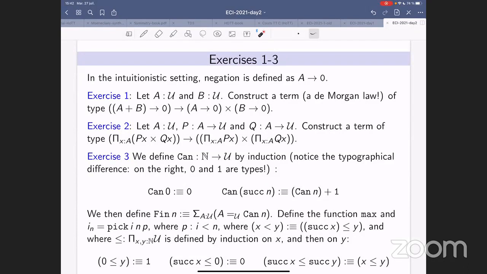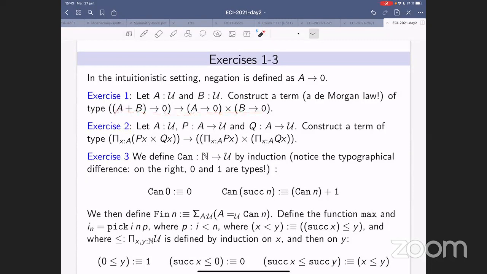So if you believe me for a moment that plus has to do with disjunction and that times has to do with conjunction, and that A implies false is a way to express the negation of A, then this type, which is displayed in exercise 1, expresses this De Morgan law.